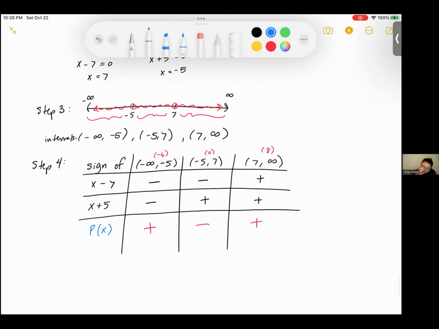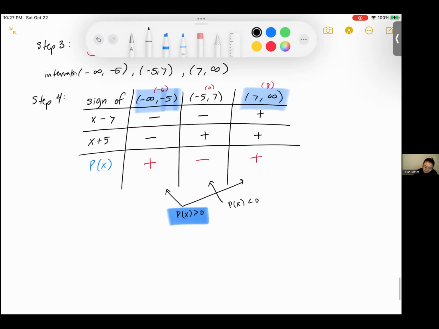So we see p of x is greater than 0 here and less than 0 on this interval. And this was the solution we're looking for. Where is p of x greater than 0? And the answer is in these intervals right there. And you will actually write that for your final answer.